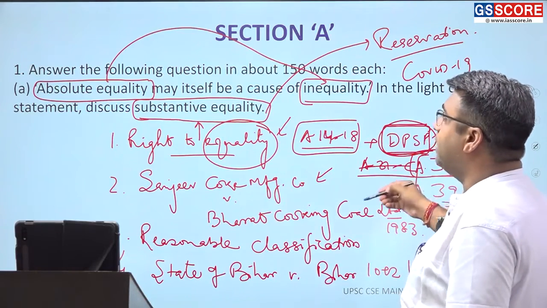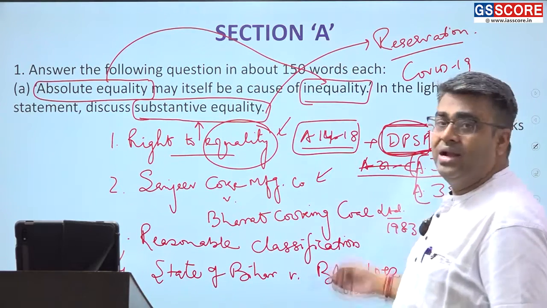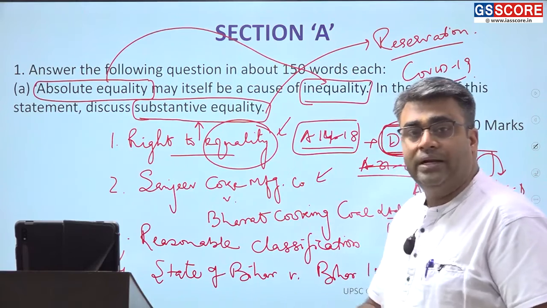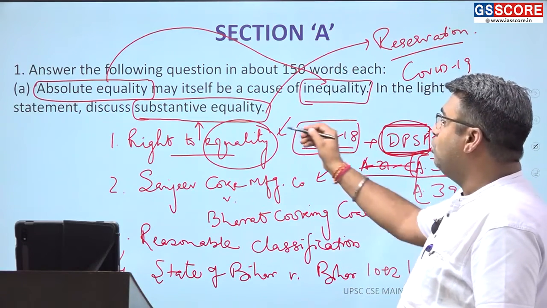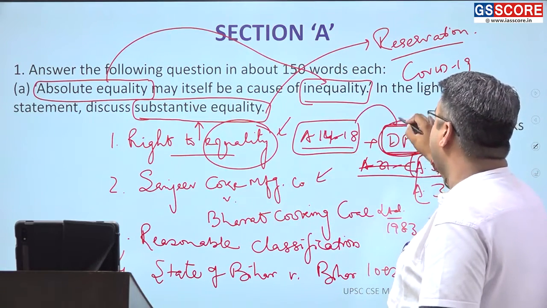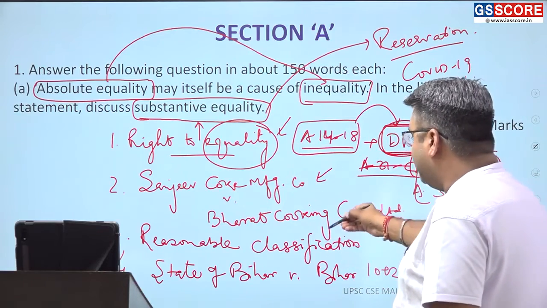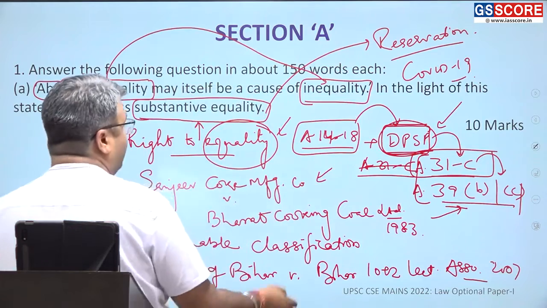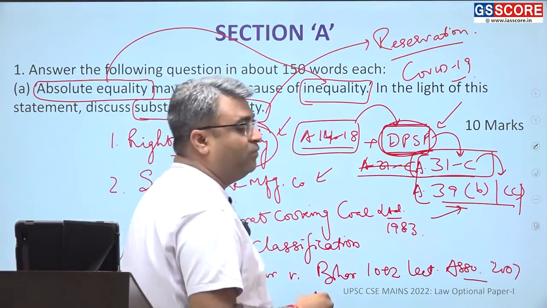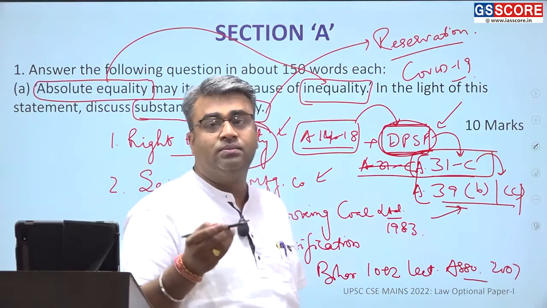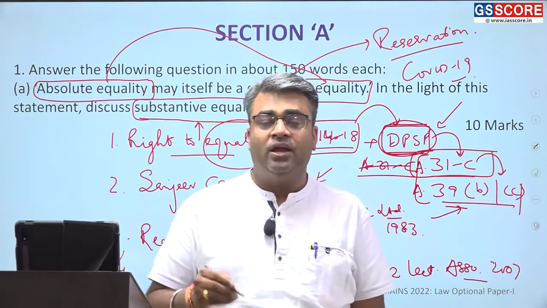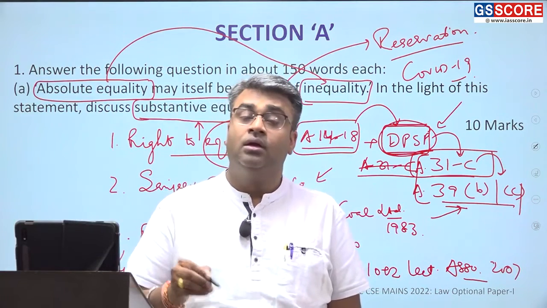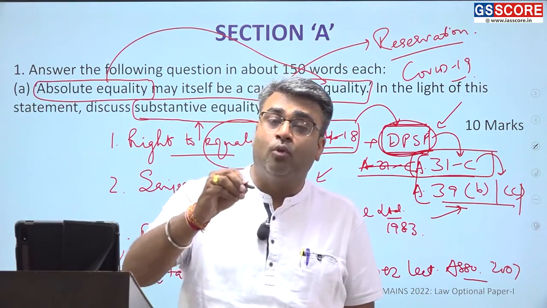So you are justifying why substantive equality is more crucial to the society. If you can relate the right to equality with DPSP along with these cases and the reasonable classification, this makes your answer complete. And then in concluding points, you can mention the reservation, how reservation is beneficial for the society if it is applied in a proper manner.